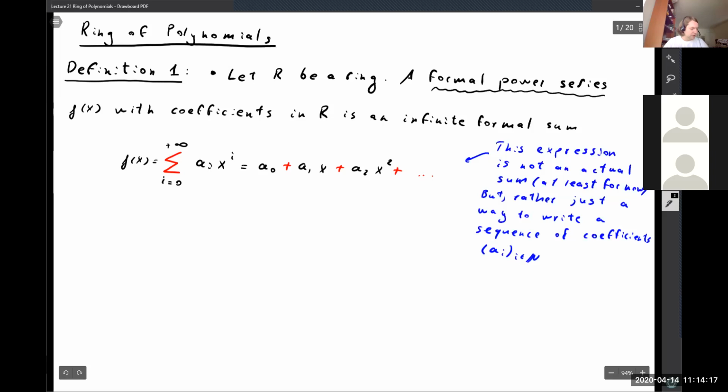Okay. And oh, I forgot to write the last part, where, of course, all these a_i belong to R for all i being a natural number.